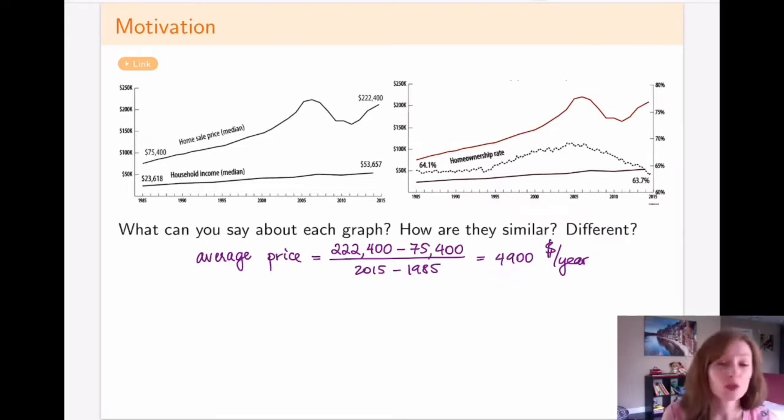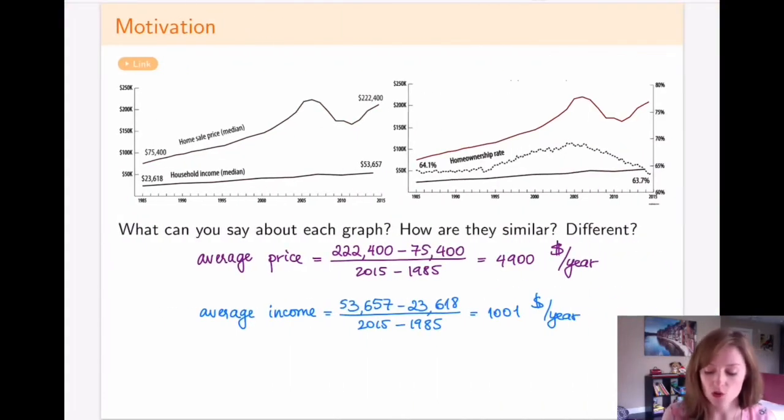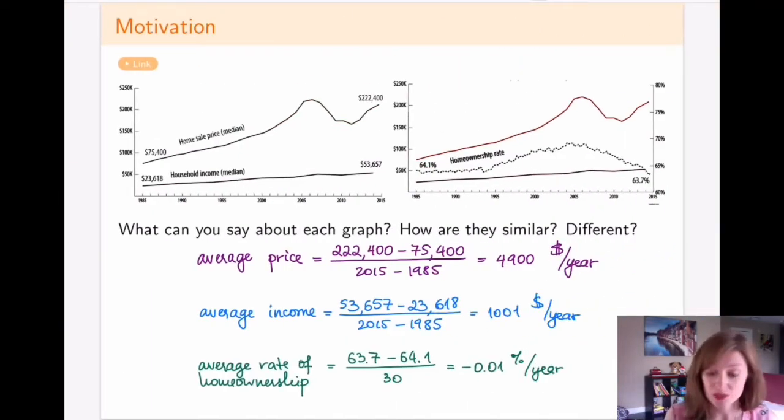Okay, if we do the same exact type of calculation for household income, we will see that the average household income was increasing by $1,001 per year on average over the 30-year period in consideration. And then if we do the same thing with the home ownership rate, we will actually find something slightly surprising.